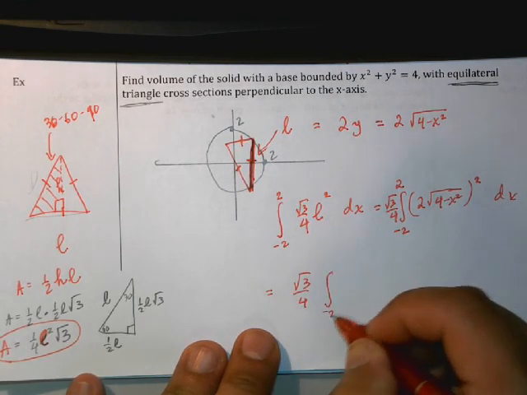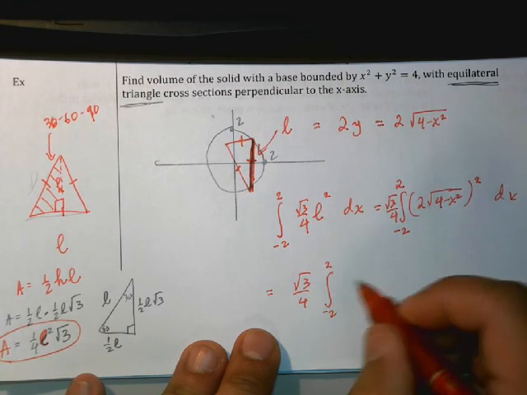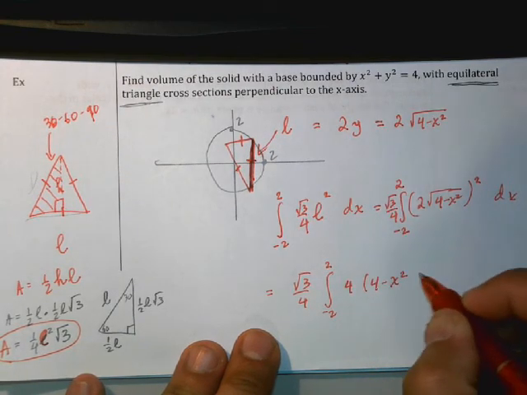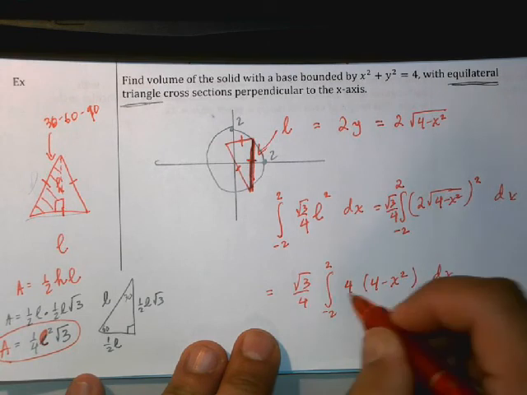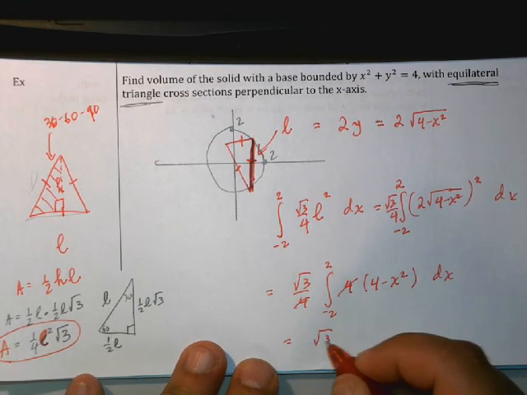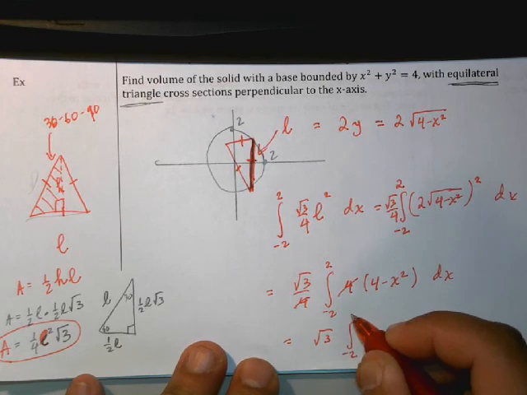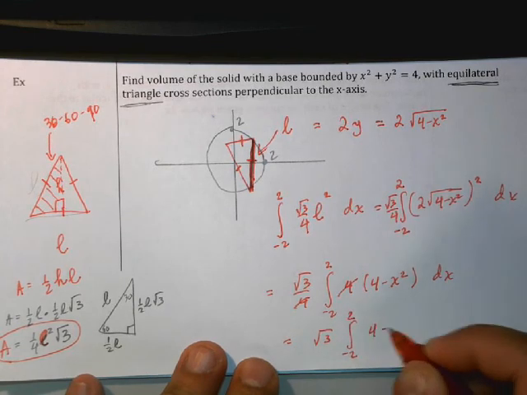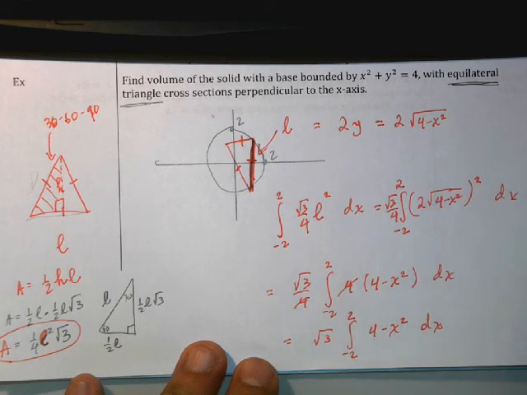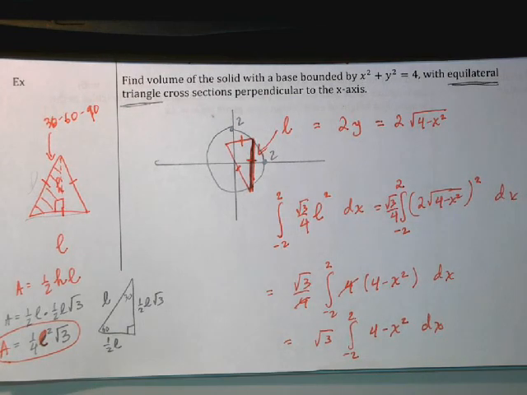So we have root 3 over 4 integral from -2 to +2, this is 4 times 4 minus x squared dx. This 4 and this 4 cancel, so we have the square root of 3, the integral from -2 to +2 of 4 minus x squared dx. Okay.